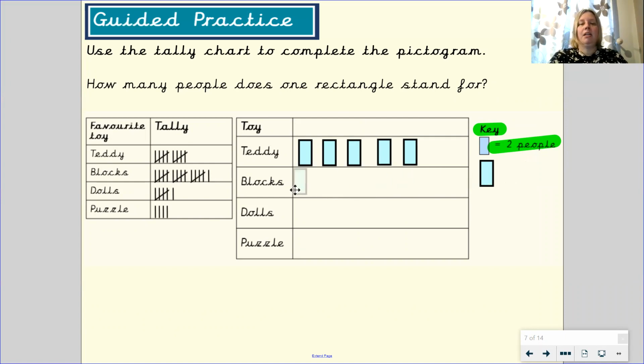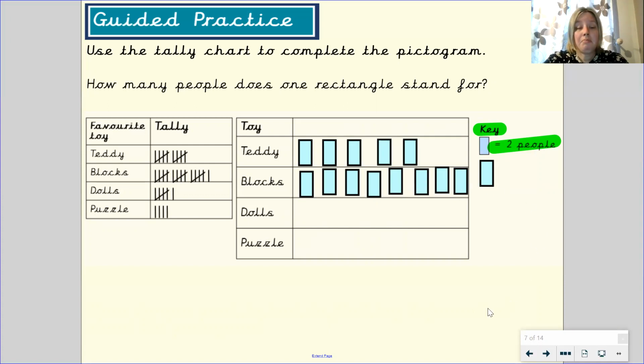Count with me. 2, 4, 6, 8, 10, 12, 14, 16. I'm just going to check my counting there. Count with me. 2, 4, 6, 8, 10, 12, 14, 16.